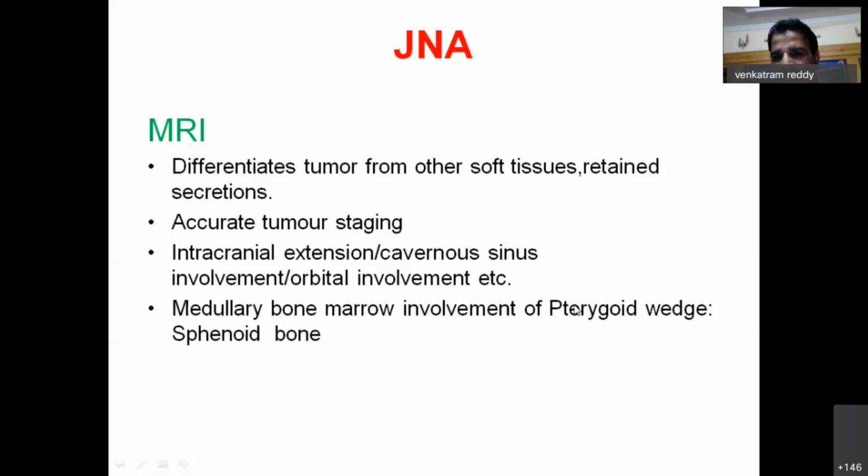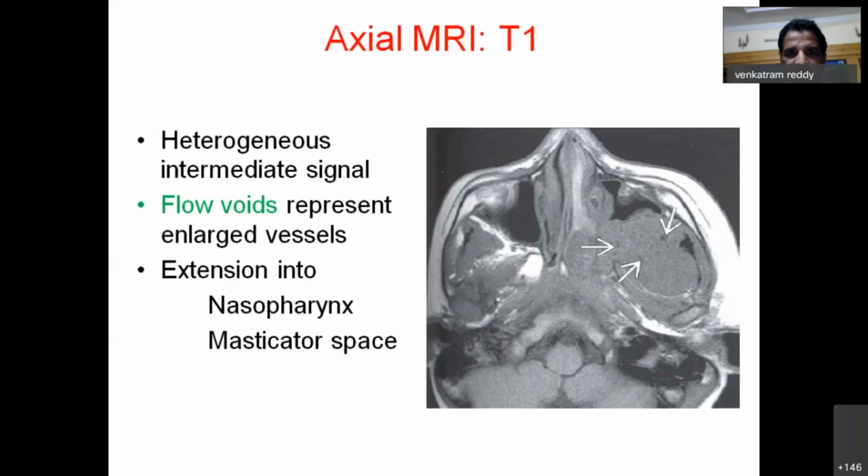So when the pterygoid marrow is involved, you are likely to miss it and just excise the tumor, leaving out the pterygoid wedge. When there is marrow involvement, you need to drill out the pterygoid completely and take away the complete body of the pterygoid so that you can prevent recurrences. So there lies the importance of MR in managing JNA.